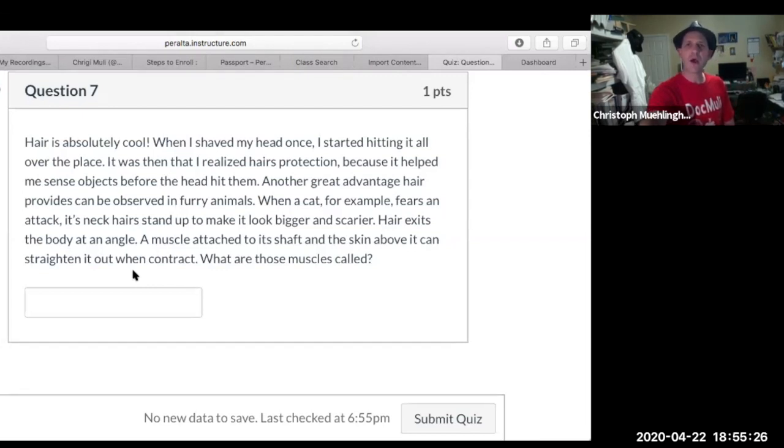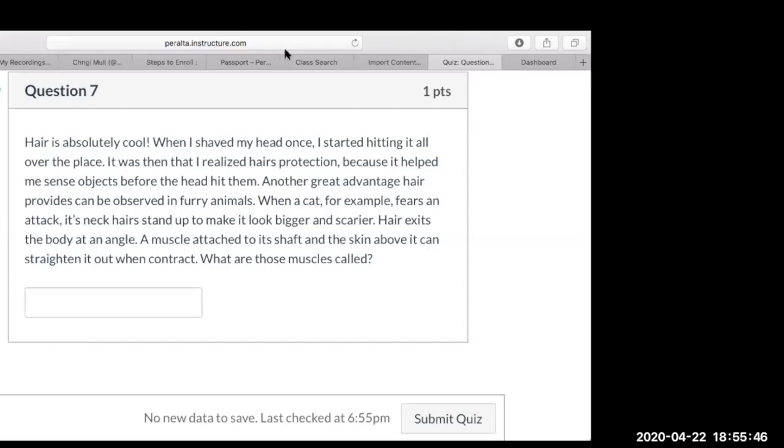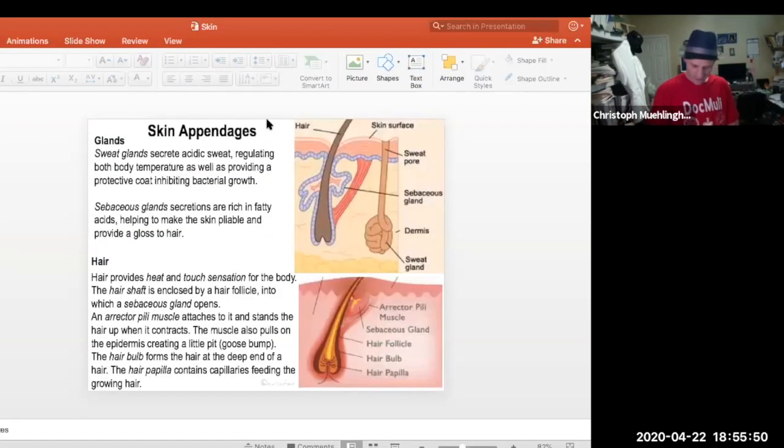Another great advantage hair provides can be observed in furry animals. When a cat, for example, fears an attack, its neck hairs stand up to make it look bigger and scarier. Hair exits the body at an angle. A muscle attaches to its shaft and the skin above to straighten it out when it contracts. What's that muscle called? Erector pili. Erector pili. Thank you, Chris.